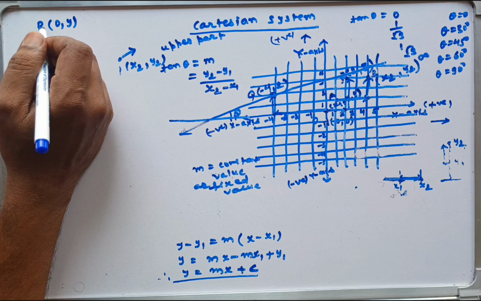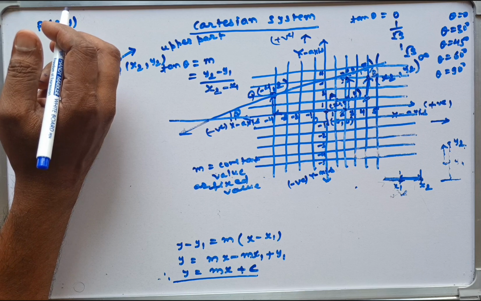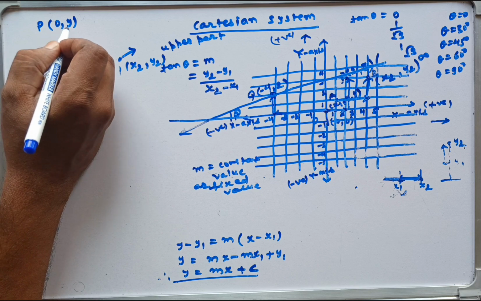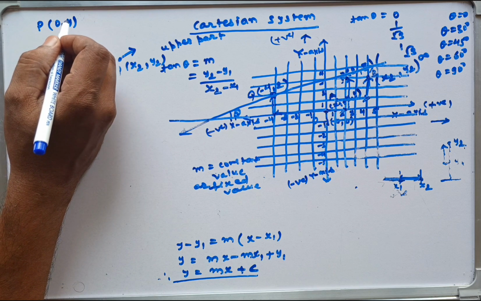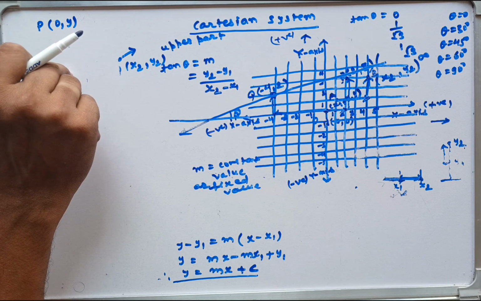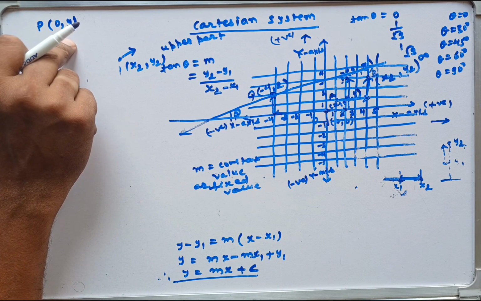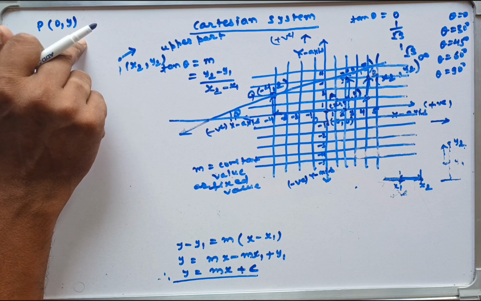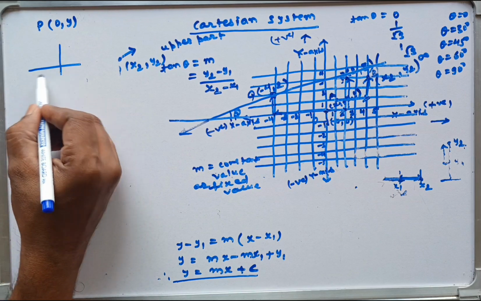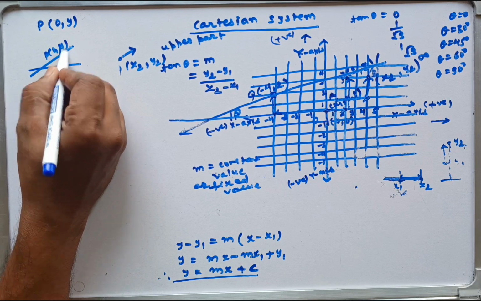Because you are not moving any steps along the horizontal direction, so this will be 0. You are only moving in the y direction, so here we assume the distance of the point on the y axis equal to y. So the situation is like this.